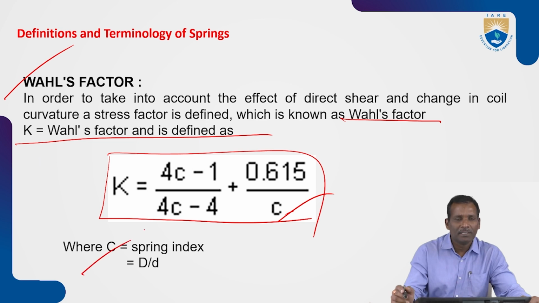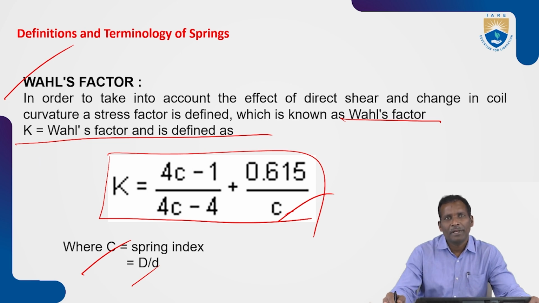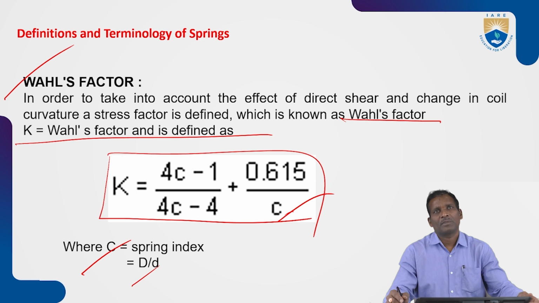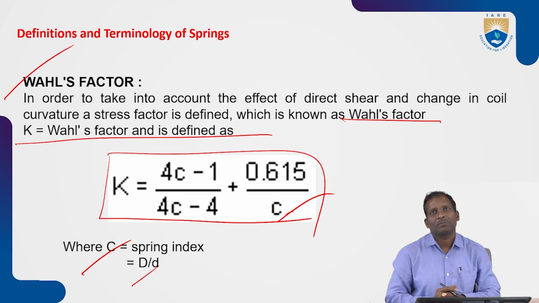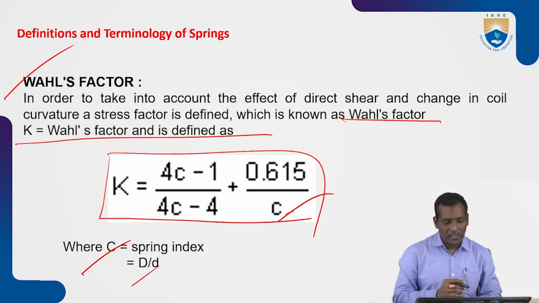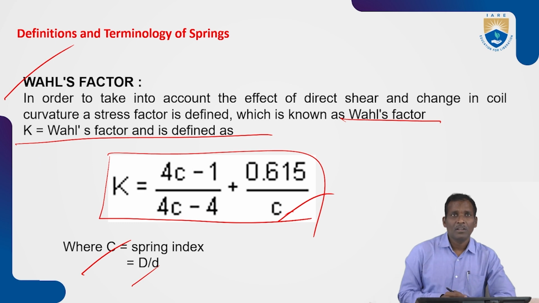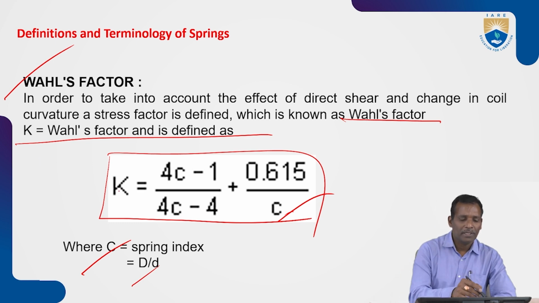C is the spring index, that is the ratio of coil diameter to wire diameter, D by d. So why should you use this one? In order to account for the effect of direct shear and change in coil curvature. Whenever you are considering curvature effect, then you must use the Wahl's factor while solving problems. So that is denoted by capital K.